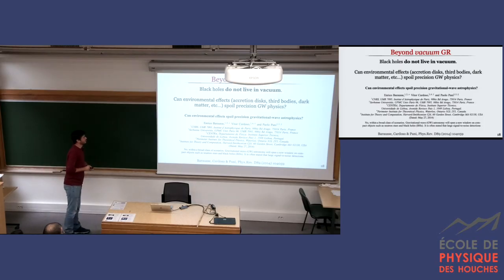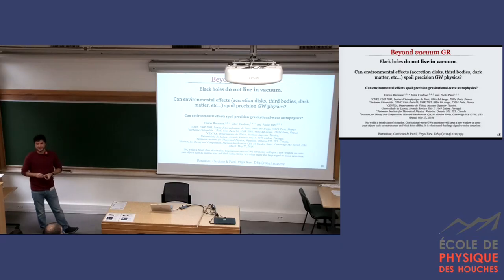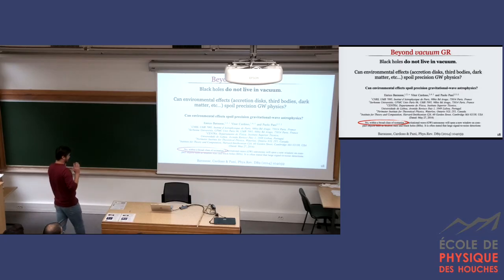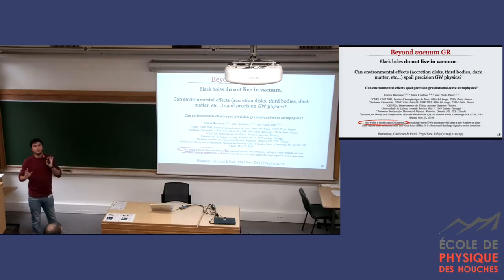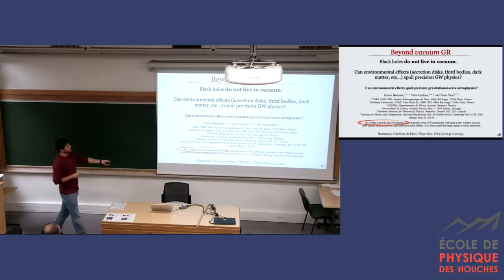And I don't know if you know this rule, but whenever there's a question in the title, the answer is always no. So they claim, and I think it's a correct claim if you go through the calculations, that environmental effects are unlikely to spoil most of the precision tests that we can do within a broad class of scenarios.